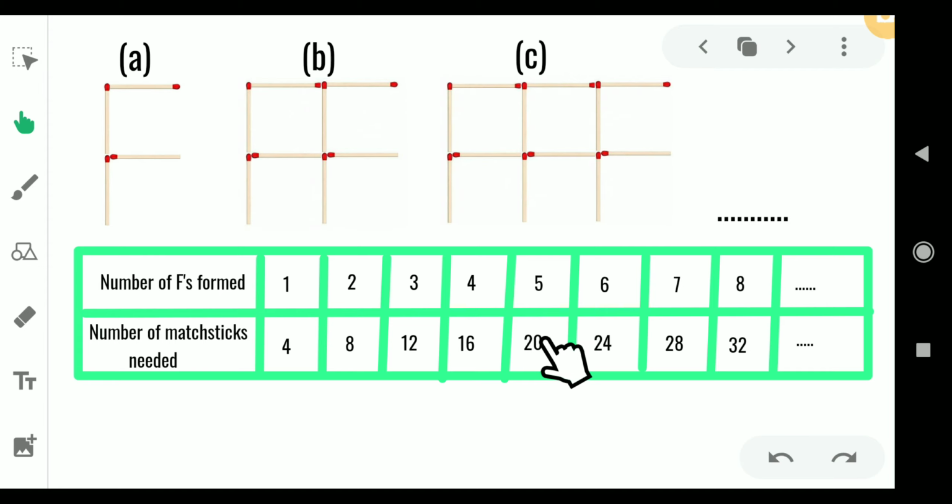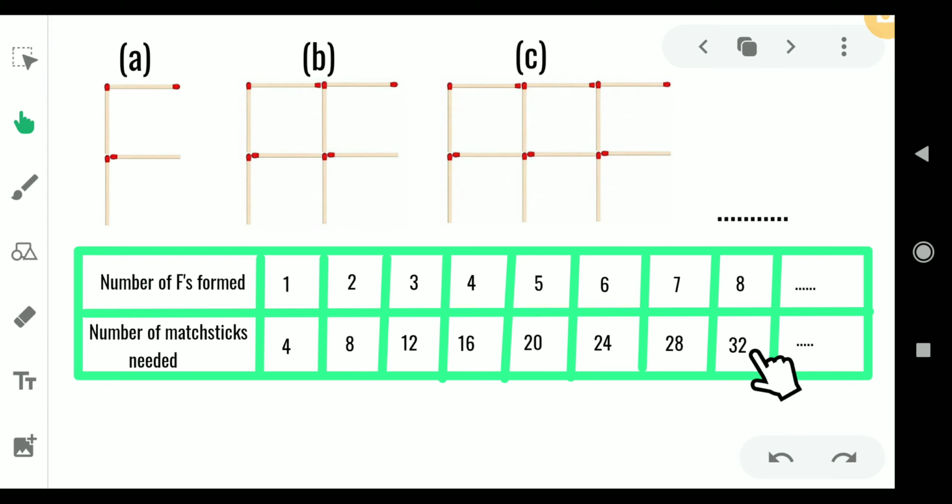So can you guess, one simple pattern has been followed here. What is that? To find out the number of matchsticks required, it is always 4 times the F's formed. Let's look at this situation straight away.